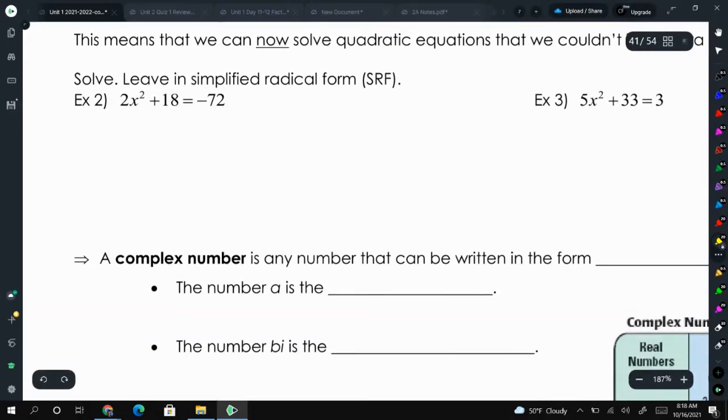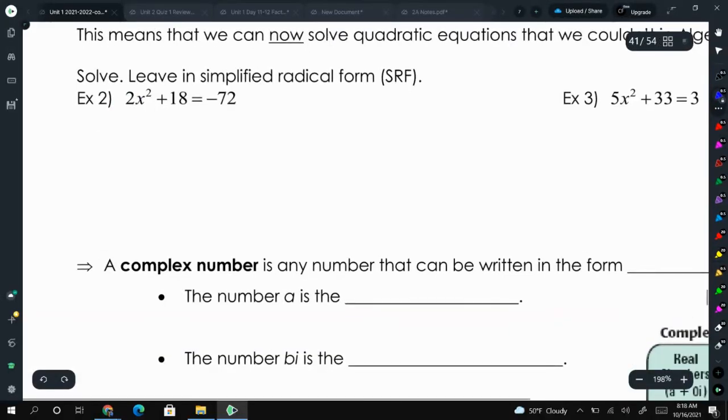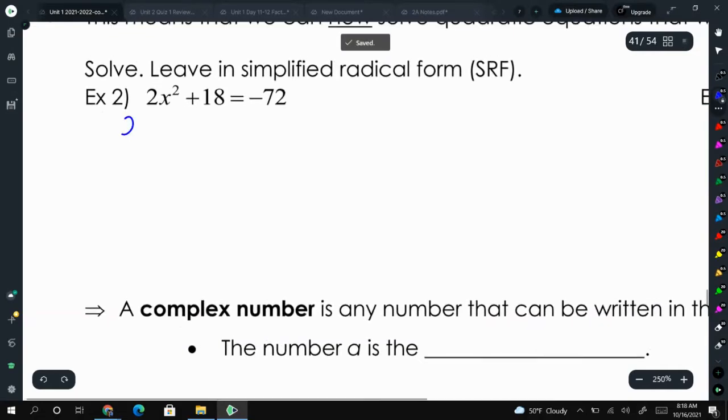So let's solve this quadratic here. I notice that I do not have a b term. I don't have an x to the first power. So that tells me that I want to solve this by square roots. If we subtract 18 from both sides, we will get 2x squared equals negative 90.